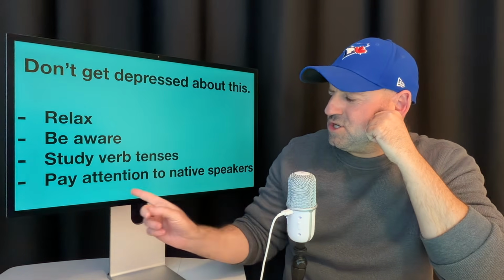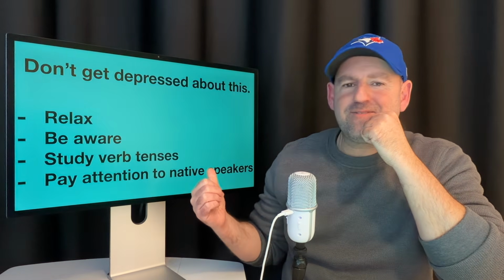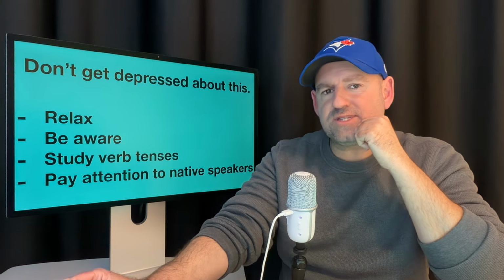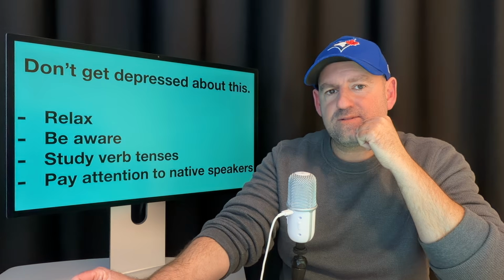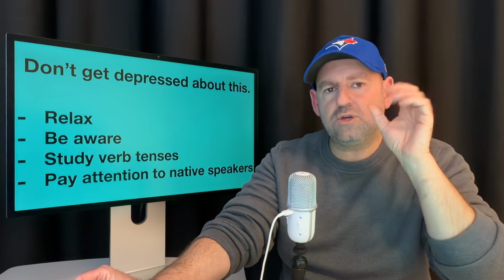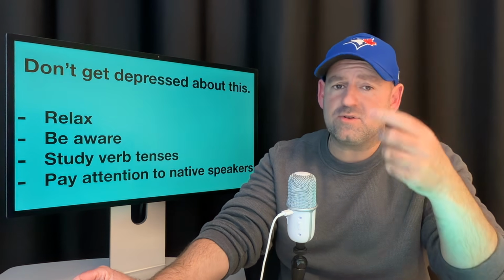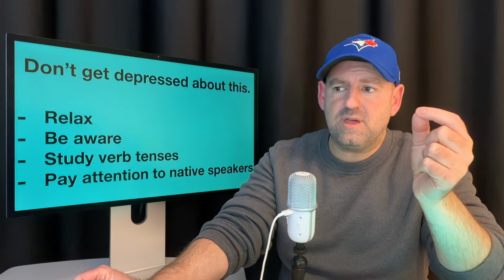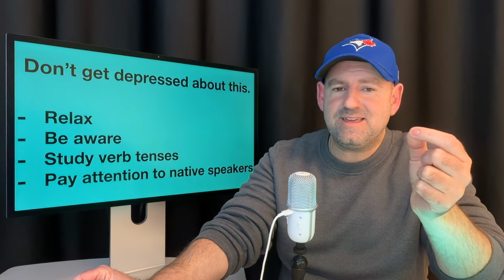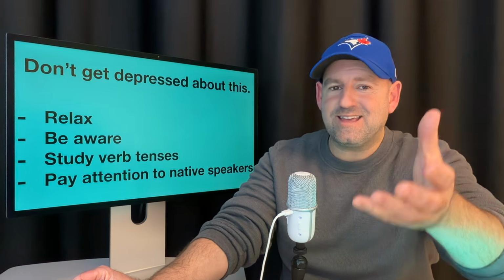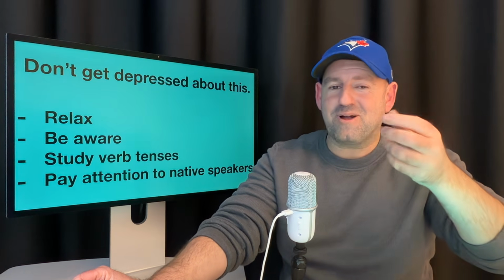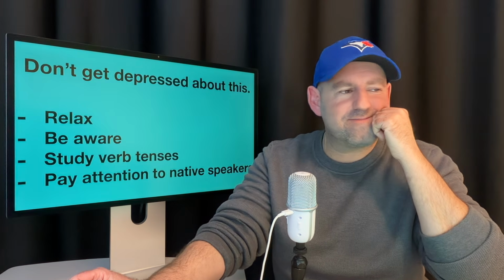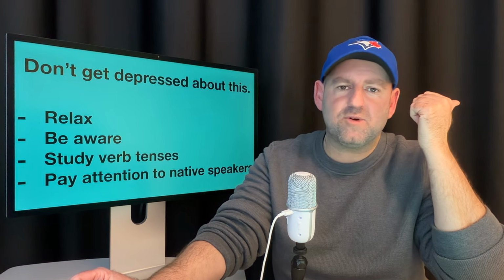Also, pay attention to native speakers. Okay, because native speakers don't usually make mistakes in verb tenses. All right, so if a native English speaker uses a verb tense that you don't understand, it's something that you need to learn about, probably, right? Like, for example, if I said, I was thinking of going to the restaurant and grabbing a samosa.